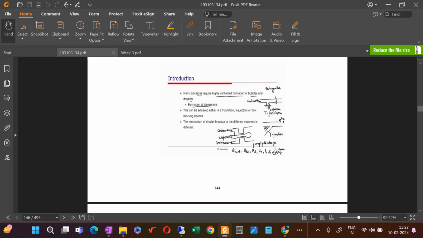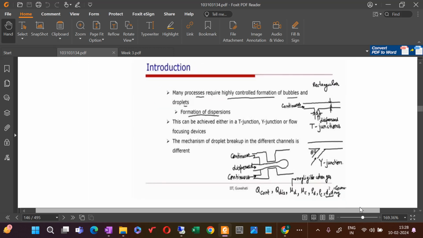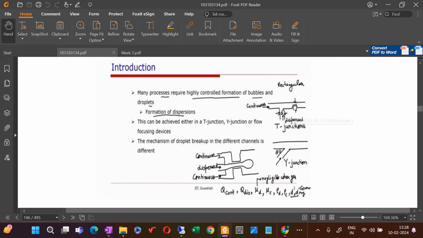Yes, this is the T junction. There can be a Y junction, and there can be a continuous and a disperse phase coming up in co-flow devices. So this is a co-flow device, and in the co-flow device, T junction and Y junction, everywhere, what are the things that play their role in deciding which morphology will come up, whether jetting, dripping, squeezing, or a transition of both?